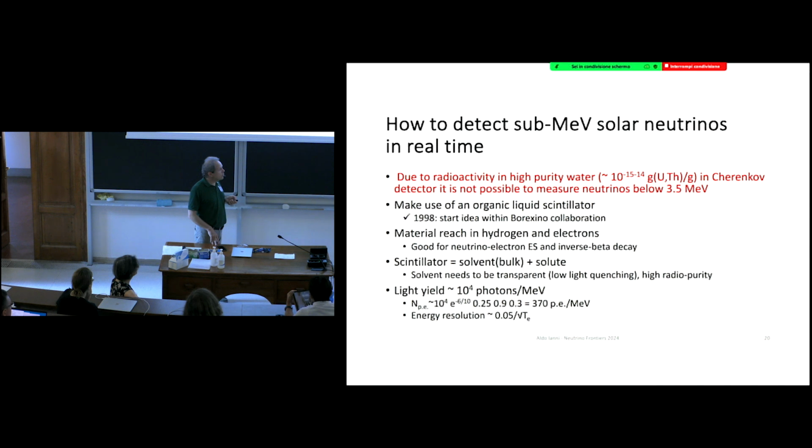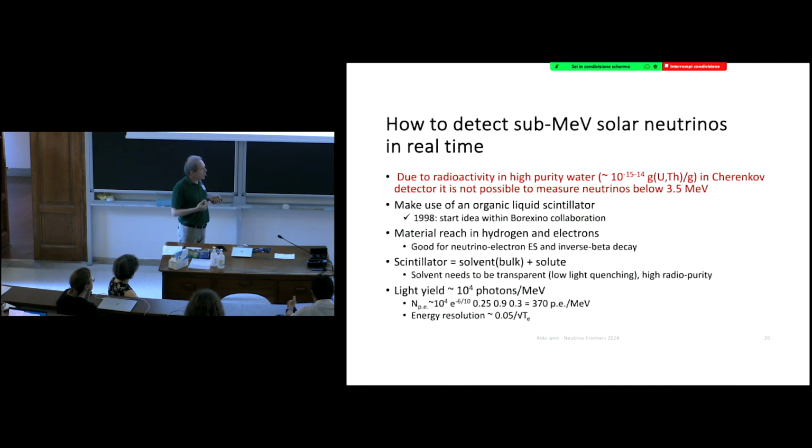So in order to go below this and be able to observe sub-MeV solar neutrinos, it was thought that the only way was to use an organic liquid scintillator, where the light yield is much higher, and so one can establish a lower detection threshold.